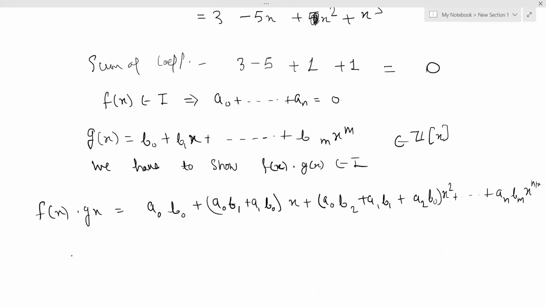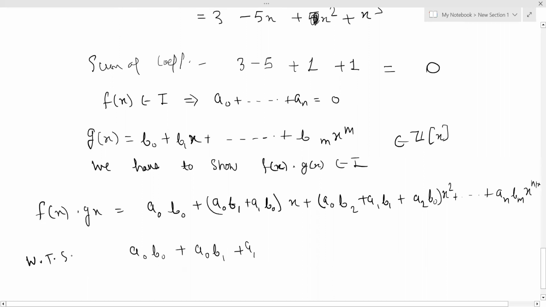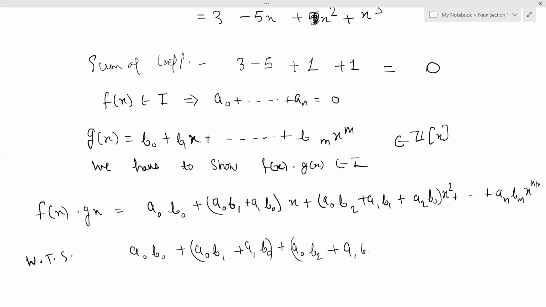Now we want to show that a naught b naught plus a naught b1 plus a1 b naught plus a naught b2 plus a1 b1 plus a2 b naught plus so on, an bm, is equal to 0.